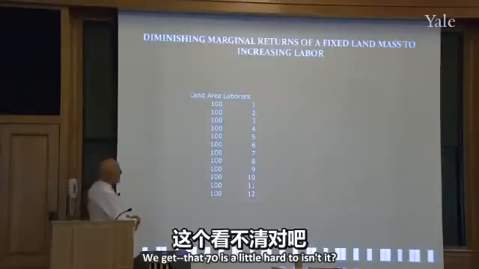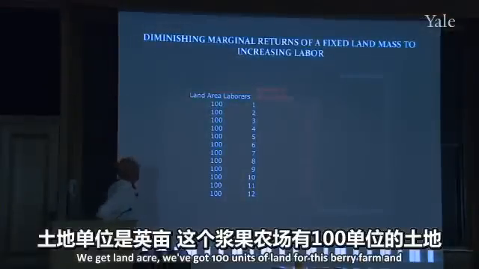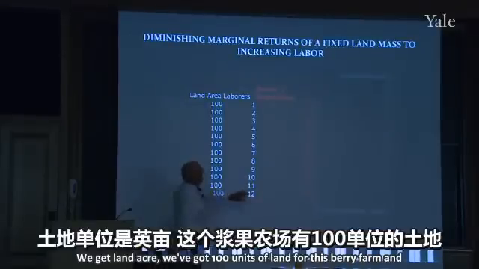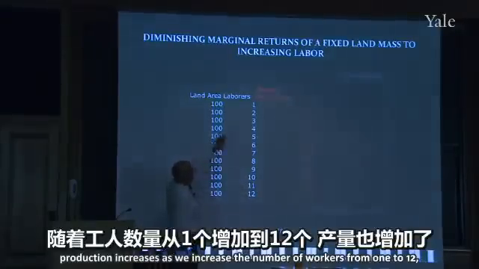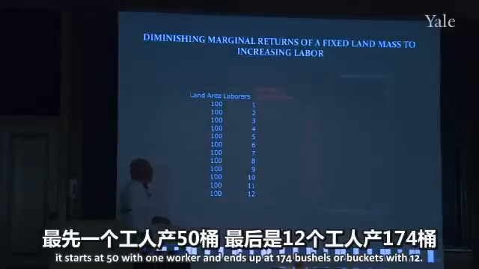It's a little hard to read, isn't it? We've got 100 units of land for this berry farm, and production increases as we increase the number of workers from 1 to 12. It starts at 50 with one worker and ends up at 174 bushels or buckets with 12.